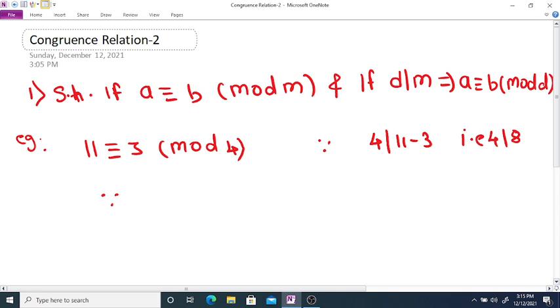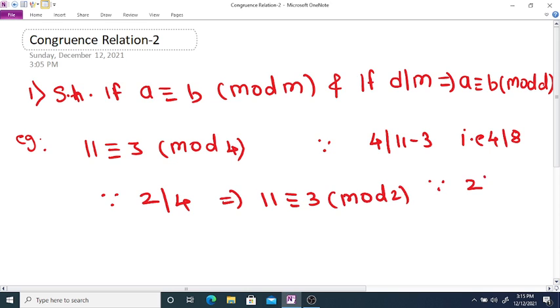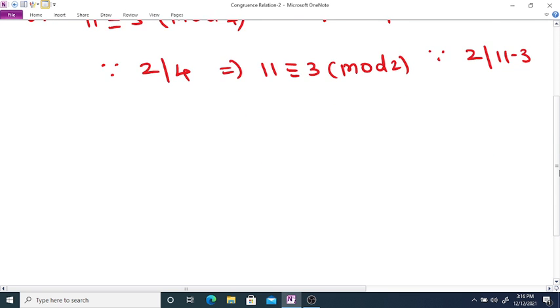Again, since 2 divides 4, this implies 11 is also congruent to 3 modulo 2, because 2 also divides 11 minus 3, that is, 2 divides 8. So if A is congruent to B modulo m and if D divides m, we want to show that A is congruent to B modulo D.